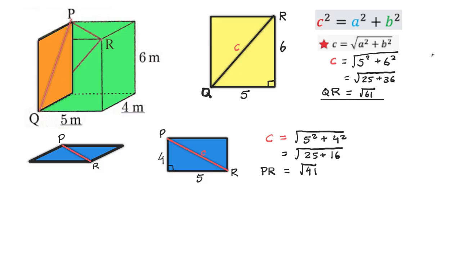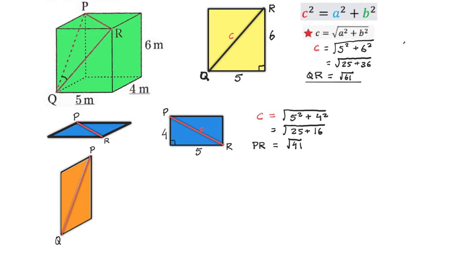So now let's look at our last face, with the diagonal PQ. Again, our face should be rectangular, so let's draw it as a rectangle. The sides of this rectangle are 6 in height and 4 in width.